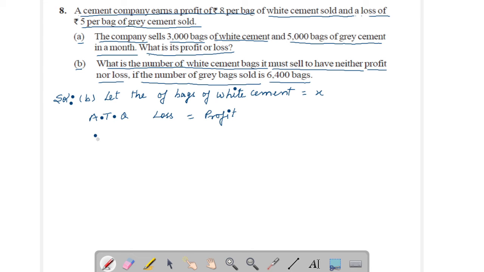Therefore, 5 into 6,400 equal to 8 into X.